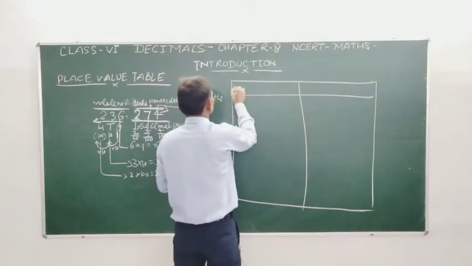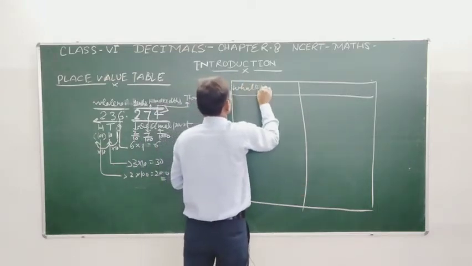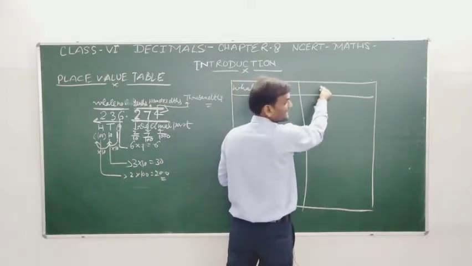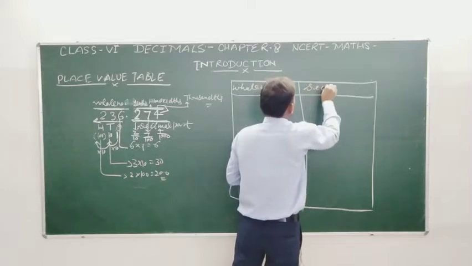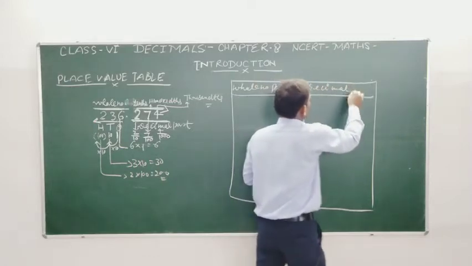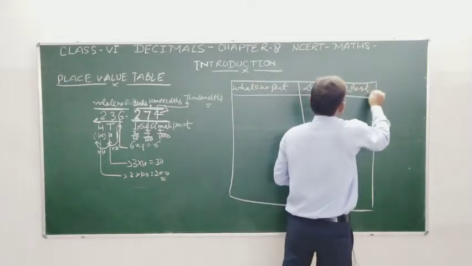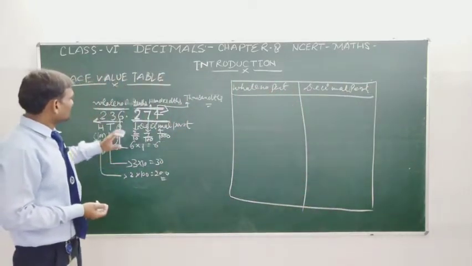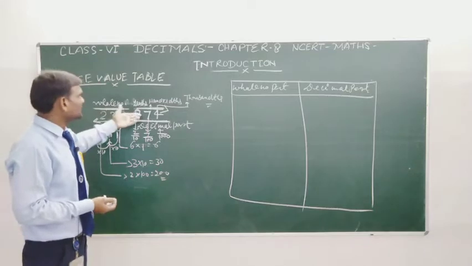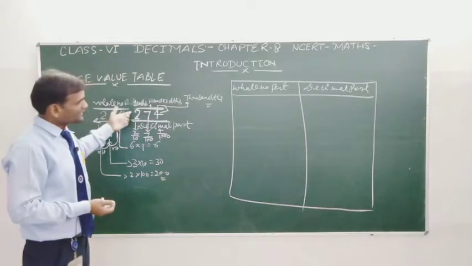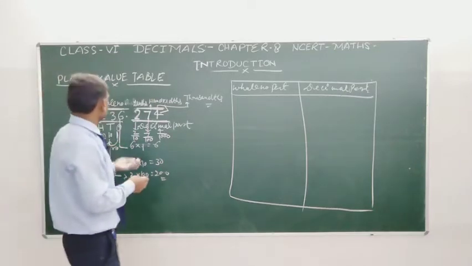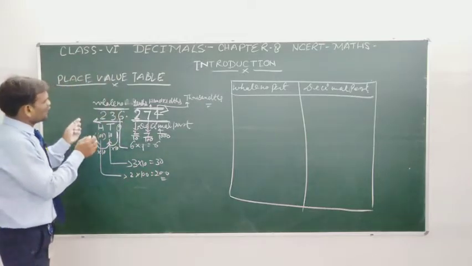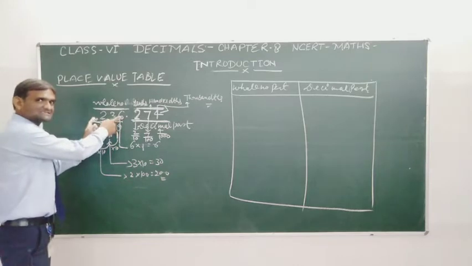First is the whole number part, and second is the decimal part. In this way, you will make the table and find the place value or place by this table.